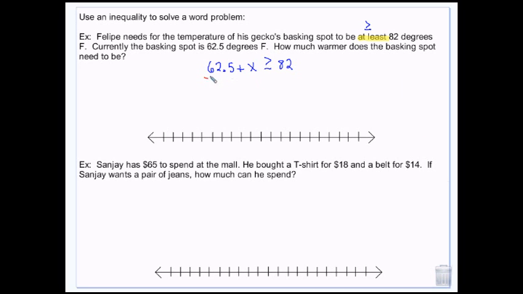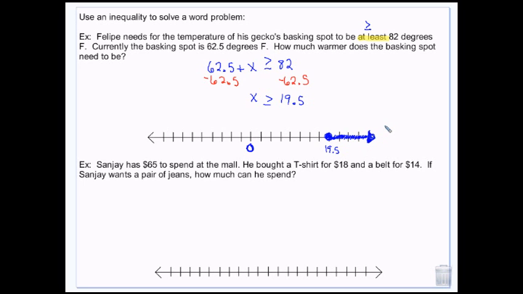So we're going to subtract 62.5 from both sides to get that x needs to be greater than or equal to 19.5 degrees. So we're going to need to raise the temperature at least 19.5 degrees. And then 0, I'm just going to say this is 19.5. There's no rhyme or reason to it. As long as you tell me 0 and you give me the right number and it's on the correct side. Closed circle, greater than.